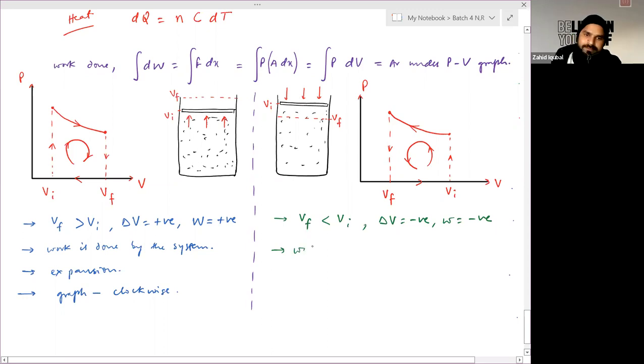So we can say work is done on the system. In this part, gas is compressing. And the graph related to this process is in the anti-clockwise direction.